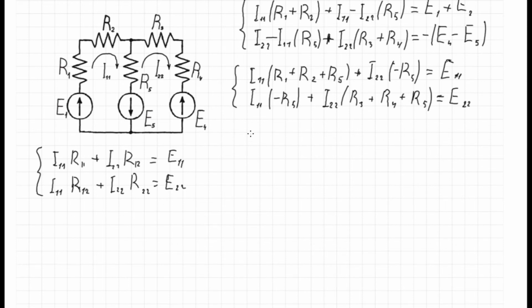Okay, and we have gotten the matrix equation R multiplied by I equals E.